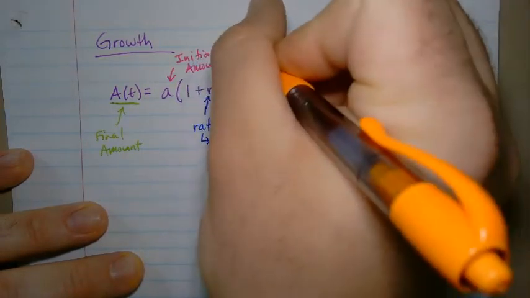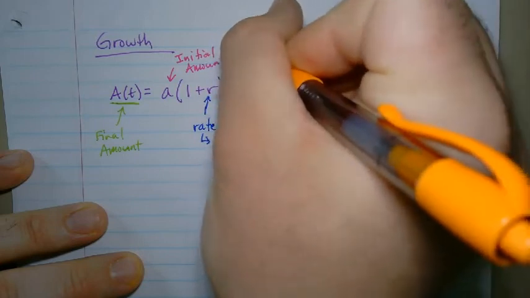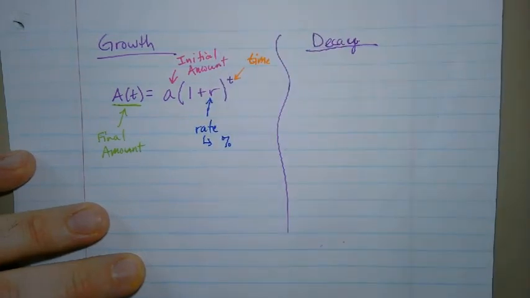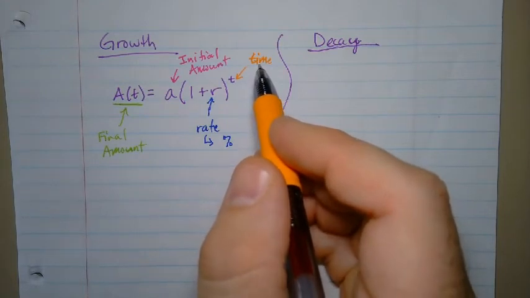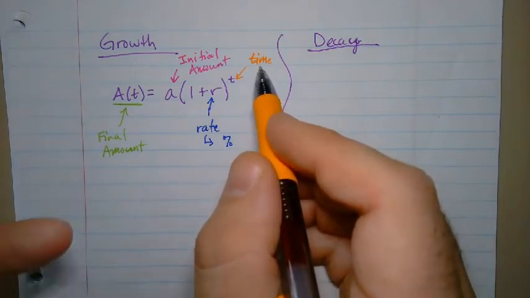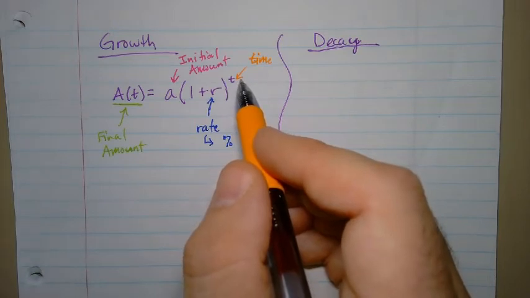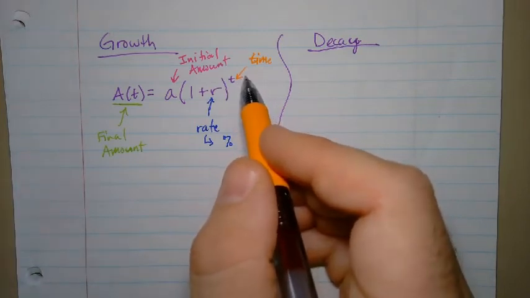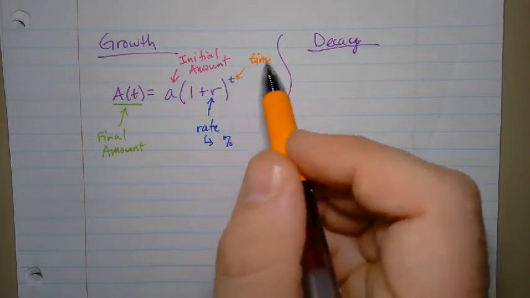T stands for time, as it kind of makes sense there, right? T is for time. And it's a time period. It depends on the context of the problem. This could be seconds, minutes, hours, days, years, months. It just depends on the context of the problem what the time stands for. But it's always a period of time.